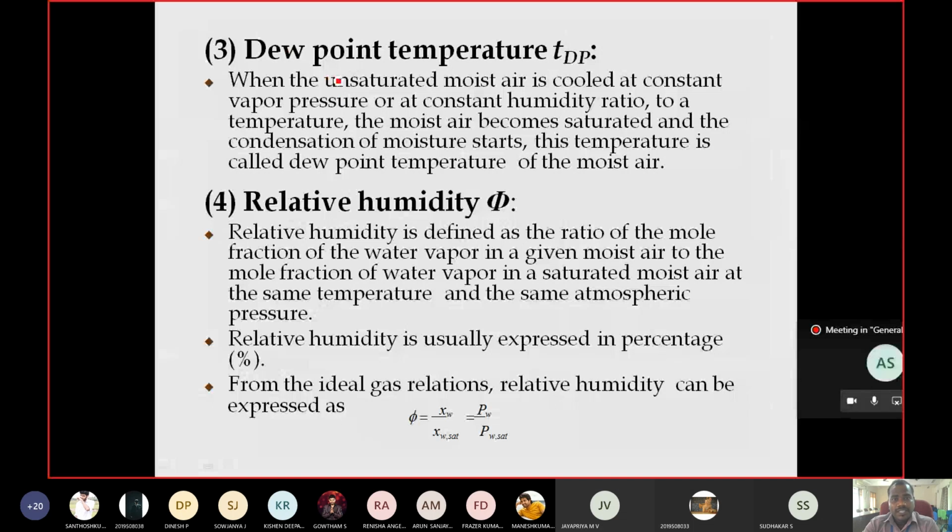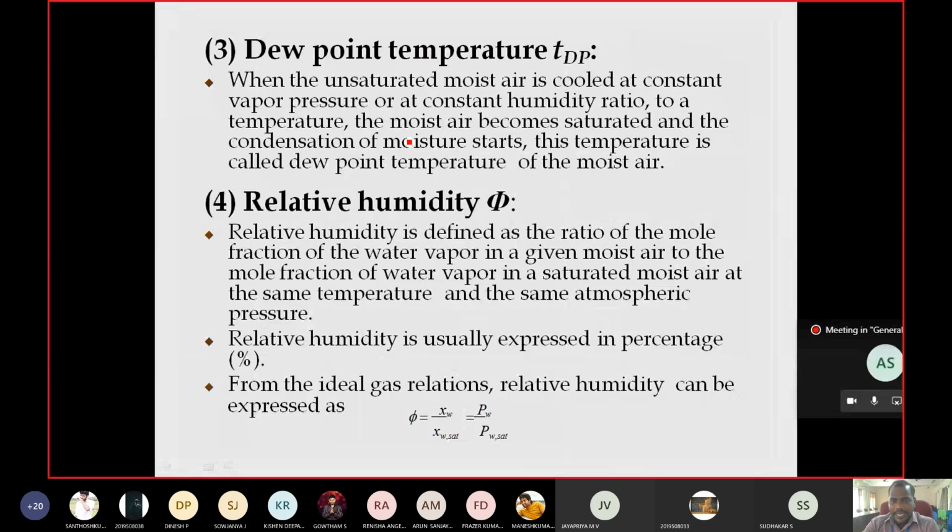When the unsaturated moist air is cooled at a constant vapor pressure or at a constant humidity ratio to a temperature, the moist air becomes saturated, right? So unsaturated moist air gets saturated, and the condensation of moisture starts during this process. This in-between temperature is called the dew point temperature of the moisture.